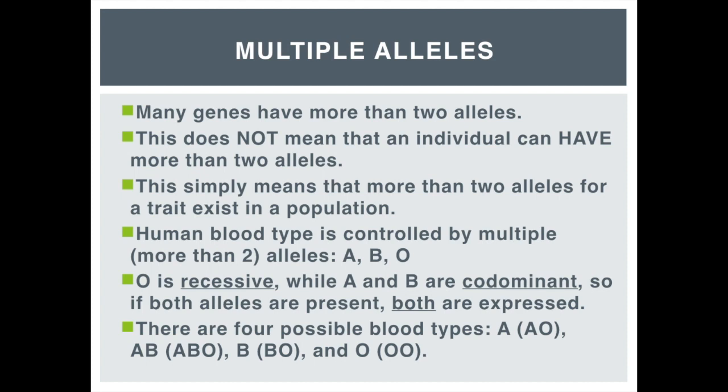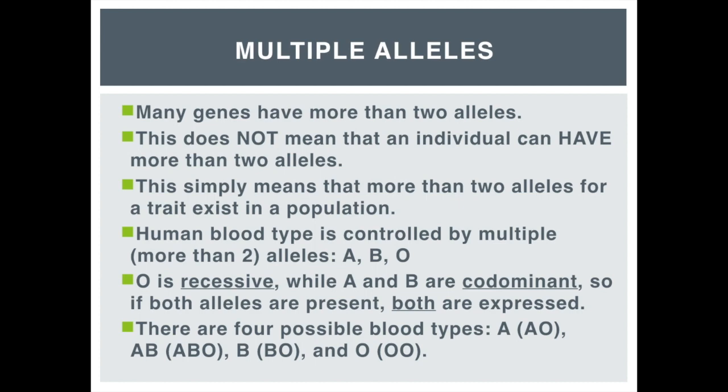Remember, an allele would be like big T or little t from dad, and then a big T from mom, or a little t from mom. This simply means that there are more than two alleles for a trait that exists in a population, such as human blood.